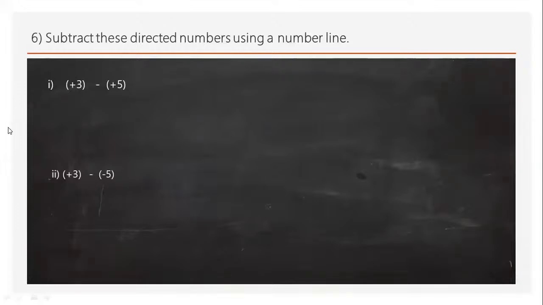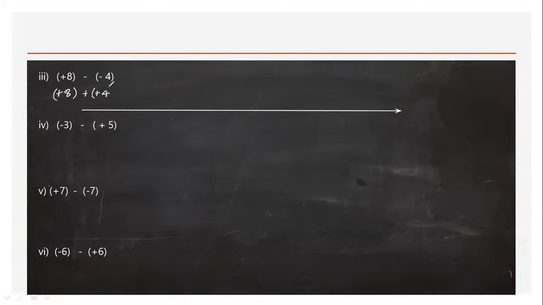Part 3. Question number 6, part 3. I told you, instead of writing like this, you can change the sign. Plus 8 plus the additive inverse of negative 4, which is plus 4. Now you can mark the values on the number line.